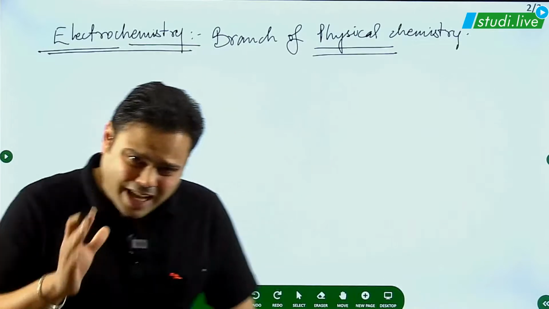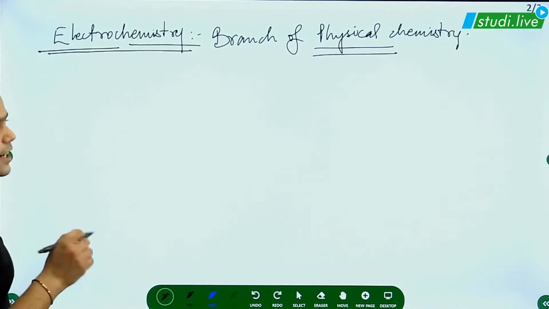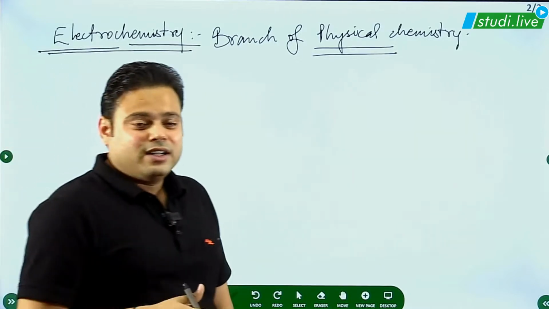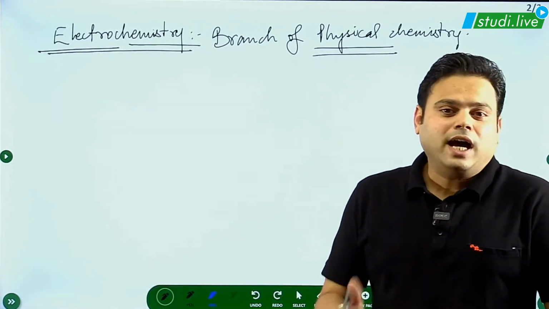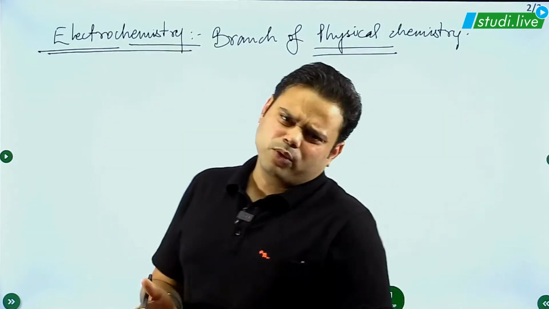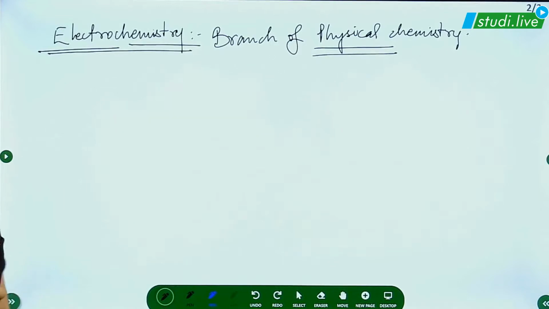Now, as the name suggests, electro, this is going to deal with electrons, and electrons are responsible for the flow of current, for the flow of charge. In simple words, they are responsible for electricity. So what exactly are we discussing over here?